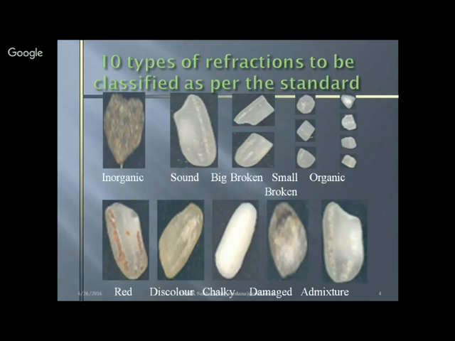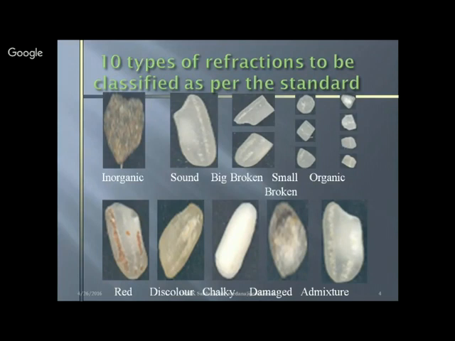There are grains with discoloring of the basic healthy grain. There are chalky grains, with extreme white color, which is also unhealthy. There are damaged grains which still have some color other than gray, black and white. And there are grains of other, undesirable varieties. So this shows the color requirement problem of grain classification.